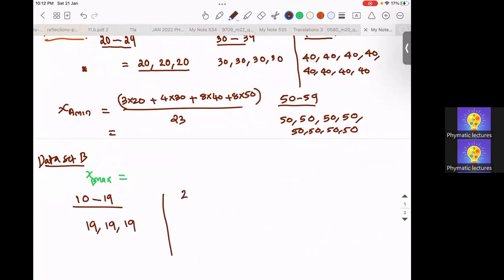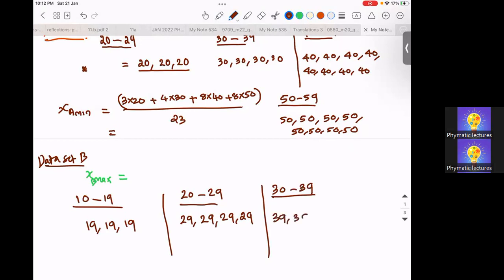Then between 20 to 29, the maximum value is 29, which occurs 4 times. Then from 30 to 39, the maximum value is 39, and it is present 8 times.